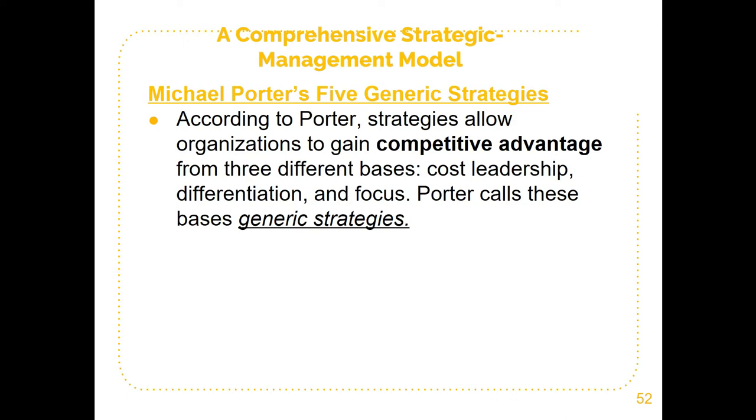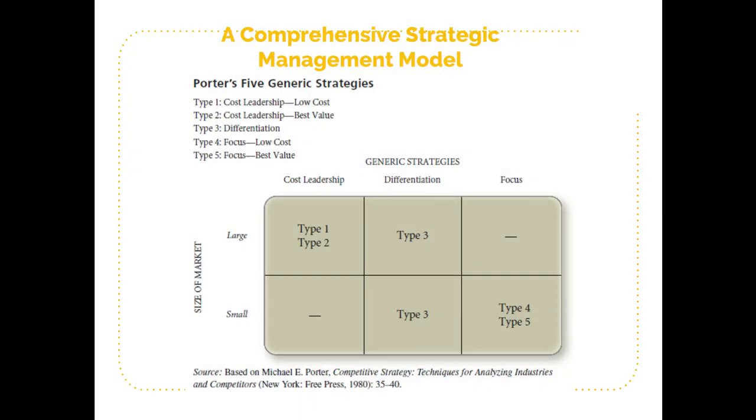According to Porter, strategies allow organizations to gain competitive advantage from 3 different bases: cost leadership, differentiation, and focus. Porter calls these bases generic strategies. So these are the 5 generic strategies.